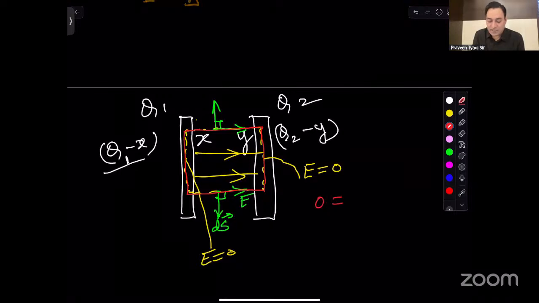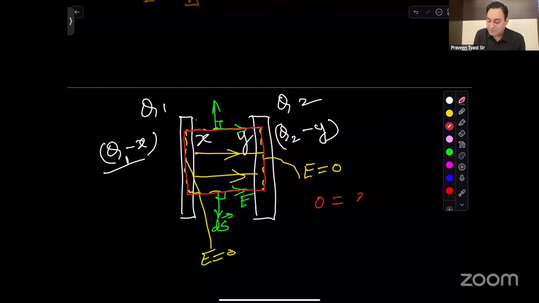This should be equal to charge enclosed upon epsilon naught. Charge enclosed will come out to be x plus y. So x plus y should be zero. Therefore, x should be equal to minus y.